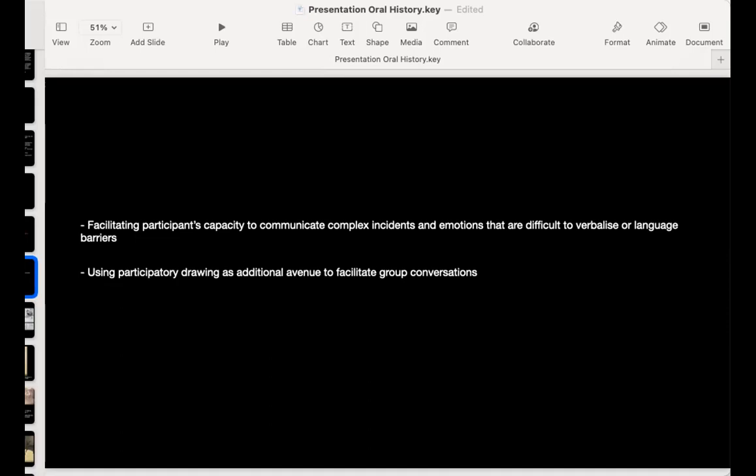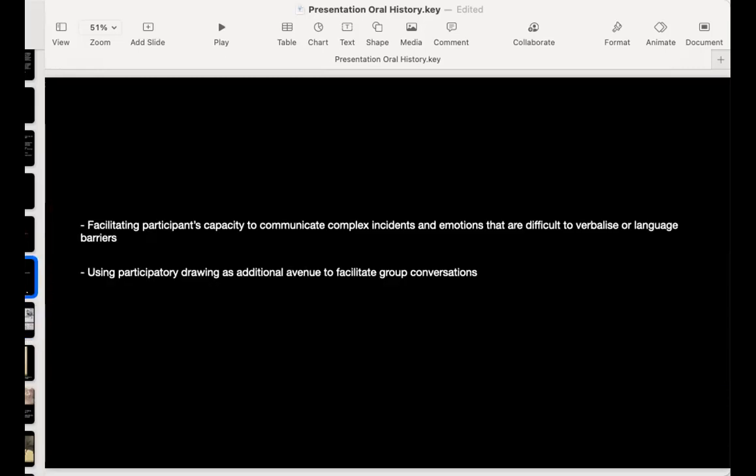A participatory drawing exercise can be a useful avenue to facilitate group conversation, especially in groups where people don't know each other very well, and you know that there's a dominant voice versus someone who's quieter. This creates a different avenue for you to get a much more balanced view of the different perspectives that might emerge from the group conversation.